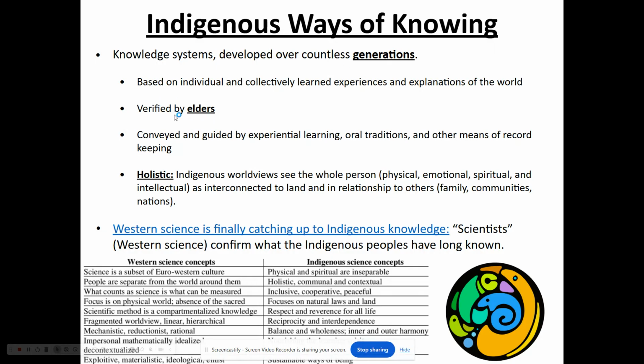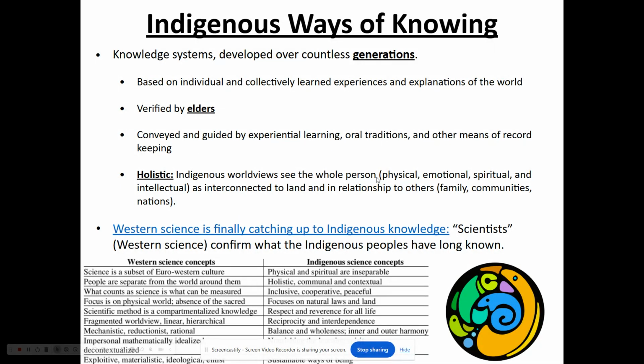They're verified over many generations by elders. They're conveyed and communicated in many ways: through oral traditions, through experiential learning, and by other methods of record keeping. And they're very holistic. Indigenous ways of knowing, indigenous worldviews, look at the whole context, the whole person.